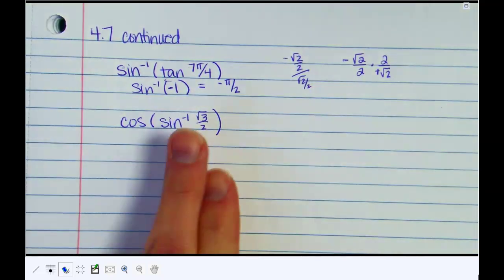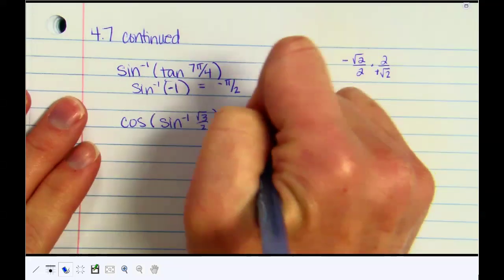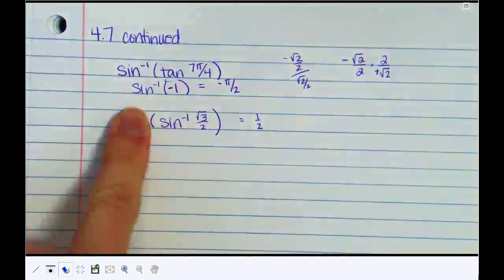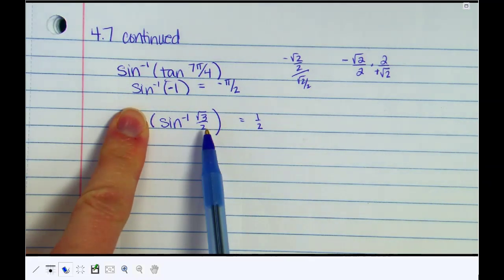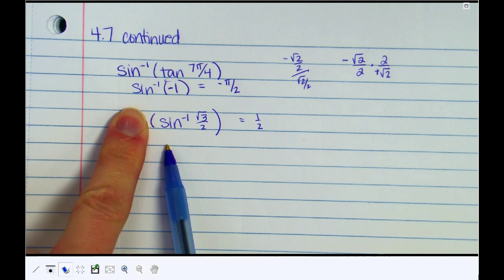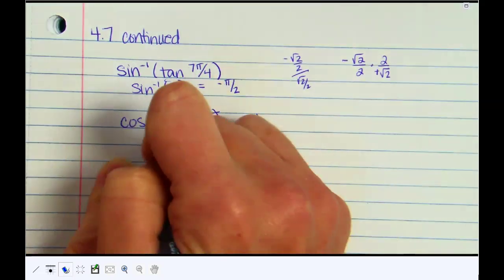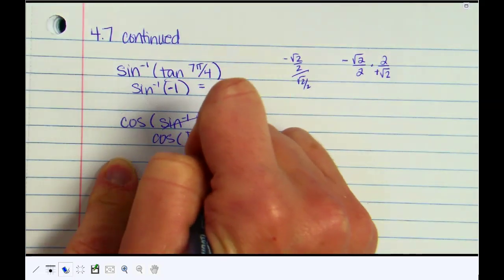Okay, so actually, let's do this. What's the final answer? It is 1/2. So inside, what's sine inverse of square root of 3 over 2? Pi over 3. And so then you're going, oh, what's the cosine of pi over 3? And it is that.